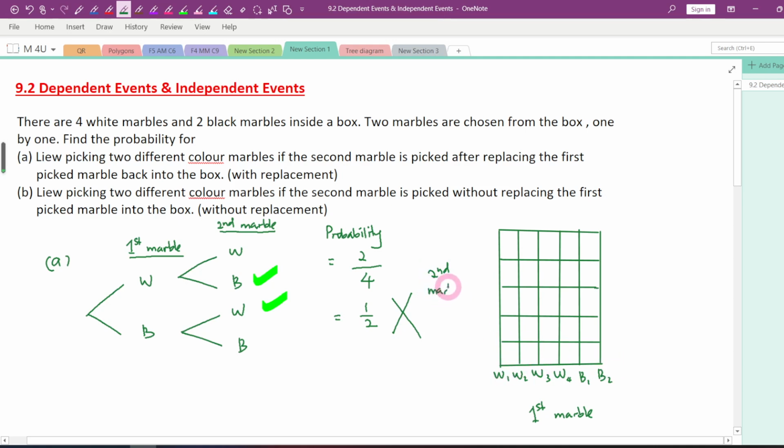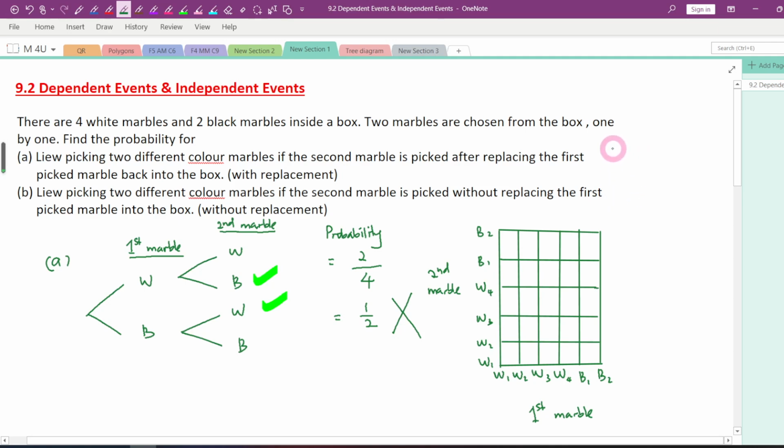W1, W2, W3, W4, B1, B2. Okay, all these intersection points are all the possible outcomes. So total we have 1, 2, 3, 4, 5, 6. You have 6 here, so 6 times 6 you will get 36. So total we have 36 possible outcomes.